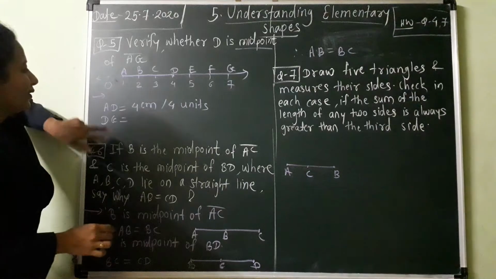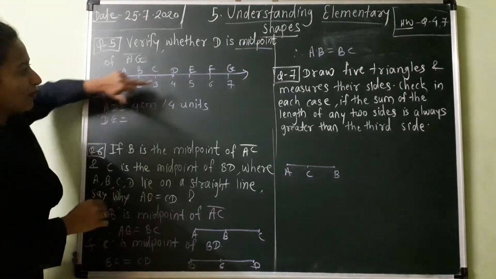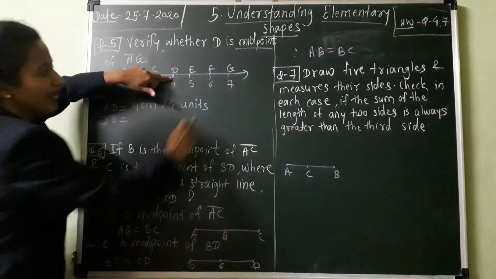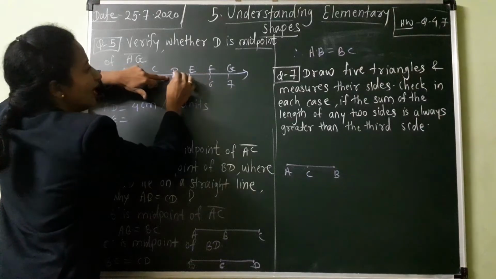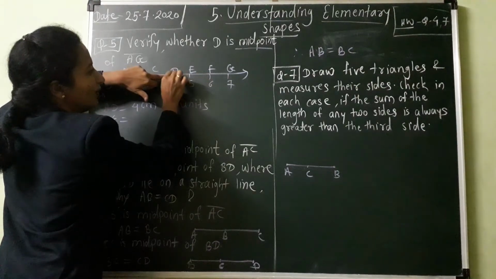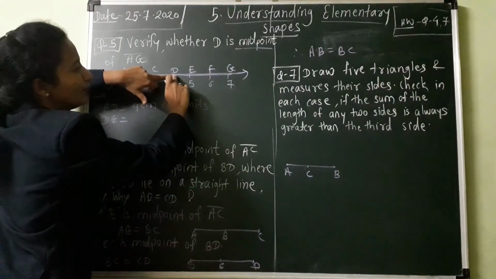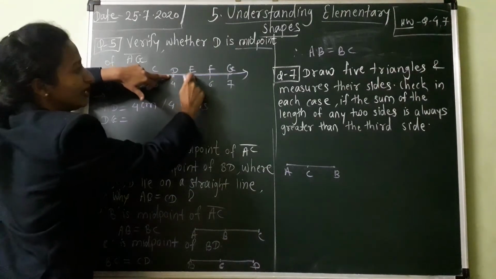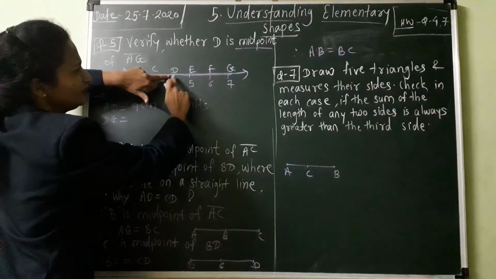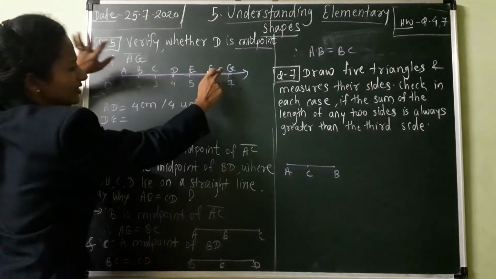Now the length of DG. D point is here and G point is here. Now we have to measure the length of this part, DG. From D to E, it's 1 centimeter, 2 centimeter, 1, 2, 3, 4. Just 1 minute.